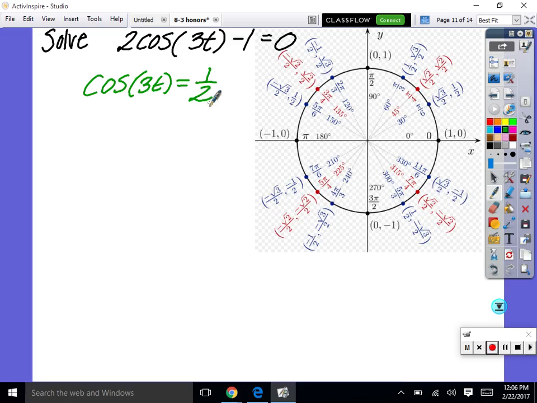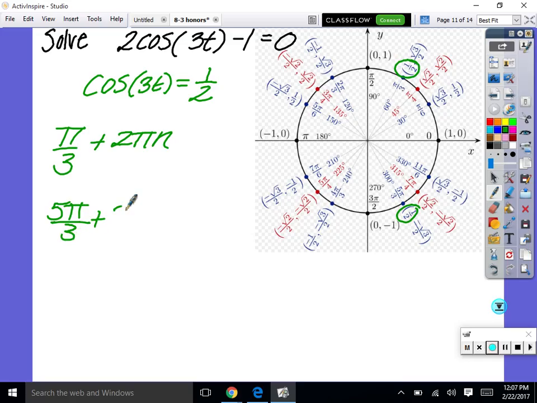So what you're going to do is answer the question, when does cosine equal 1/2? Well, let's look. Cosine's x right there, and right there. So we have pi thirds, and it didn't say on a certain interval. So pi thirds plus 2 pi n, because cosine's period is 2 pi, and we also have 5 pi thirds plus 2 pi n.